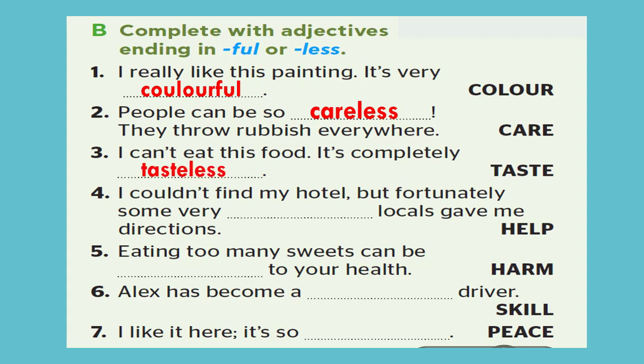Number 4, I couldn't find my hotel, but fortunately, some very helpful locals gave me directions. The word locals means people who live in the area. We have the word help in a positive context, so it becomes helpful. Number 5, eating too many sweets can be harmful to your health.